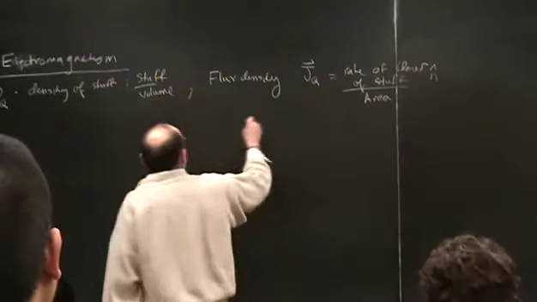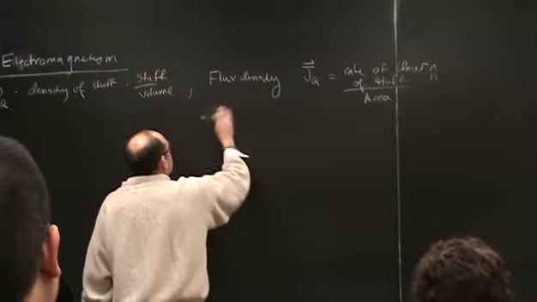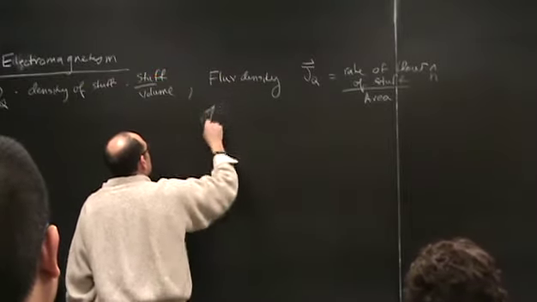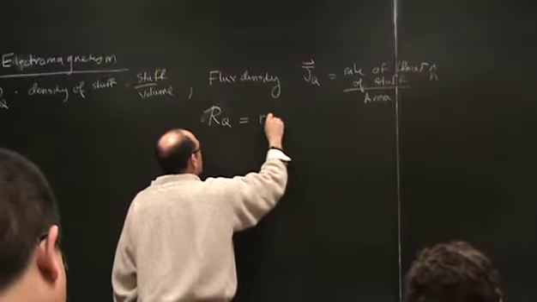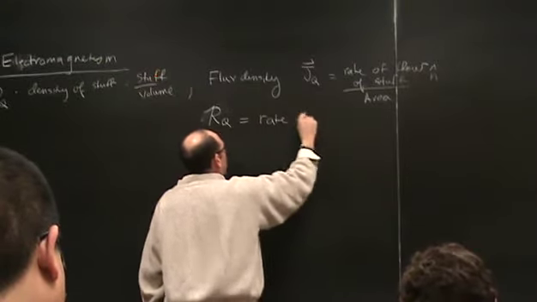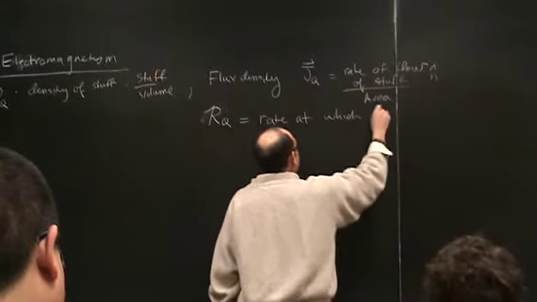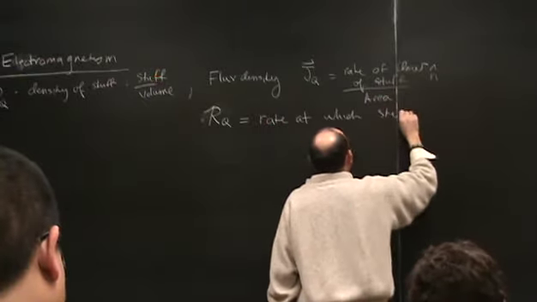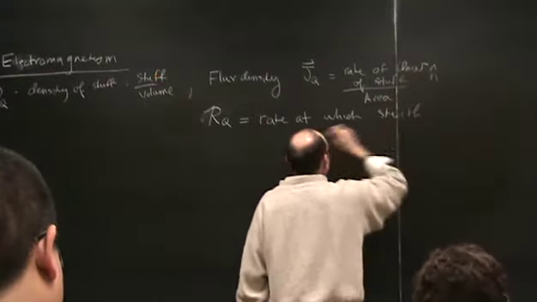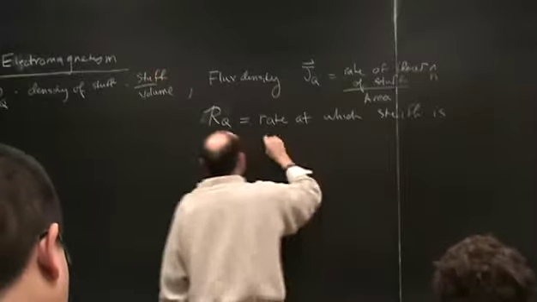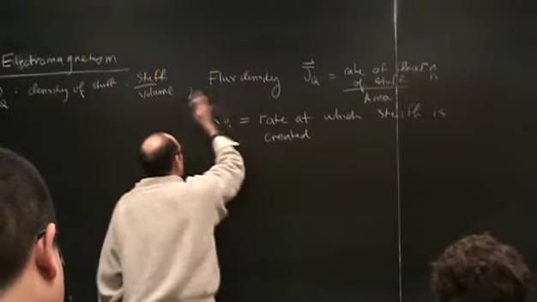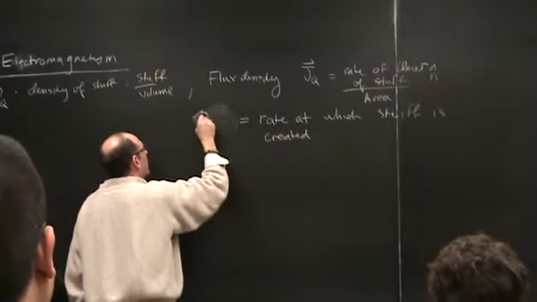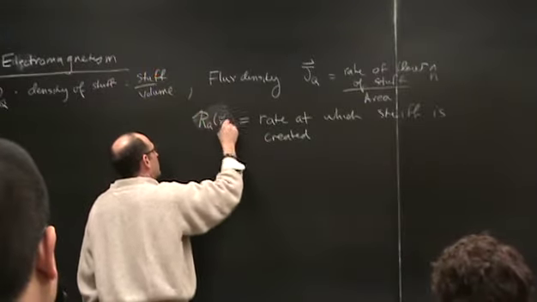And then finally, I'm going to define R sub q, equal to the rate at which stuff is created. This will be generally a function of position and time.